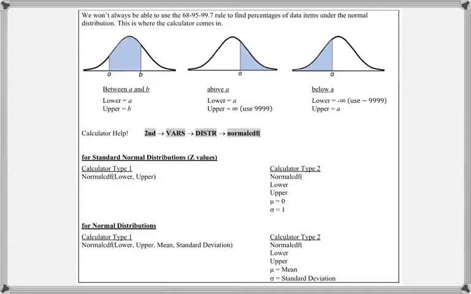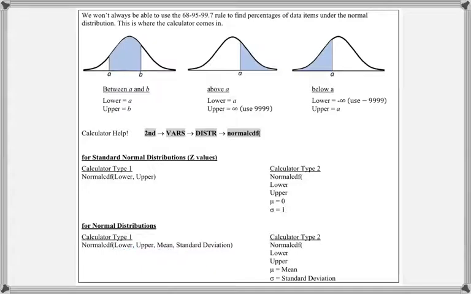For standard normal distributions, or z-values, on my calculator I need to type normal CDF and then the lower value and then the upper value. And for normal distributions, I need to type the normal CDF, then the lower value, the upper value, the mean, and the standard deviation.